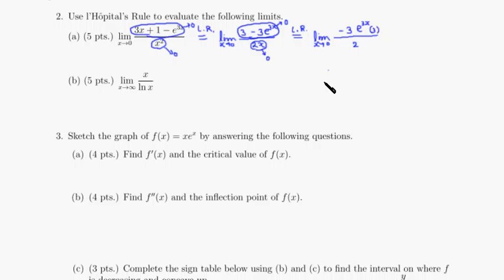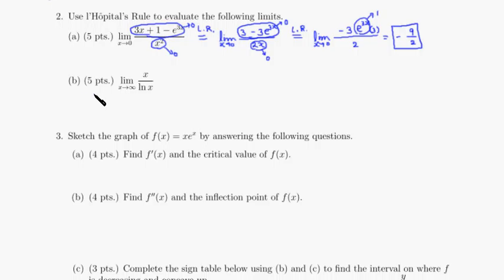Then we can plug in 0, and e to the 0 is 1. So you have negative 3 times 1 times 3, which is negative 9, and the denominator is 2. So the limit is negative 9.